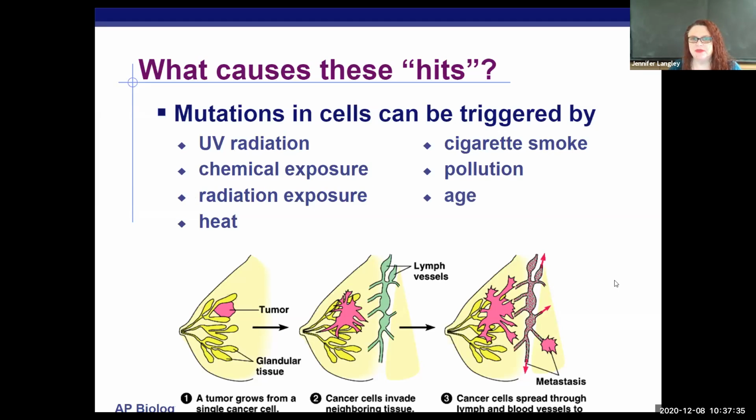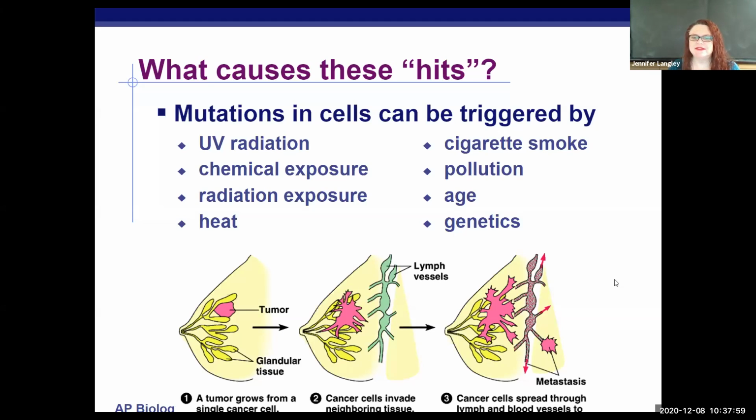And age. As we get older, our cells just don't do everything they're supposed to do. Sometimes they just can't, and so cancer can form. And then genetics. There are genes that make it more likely that you will develop cancer.